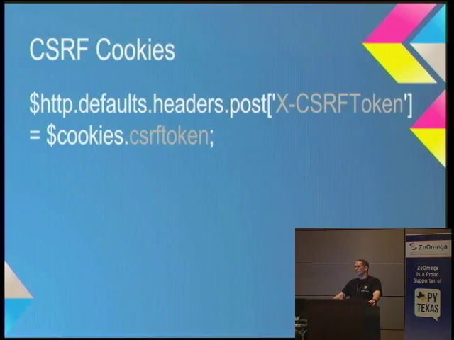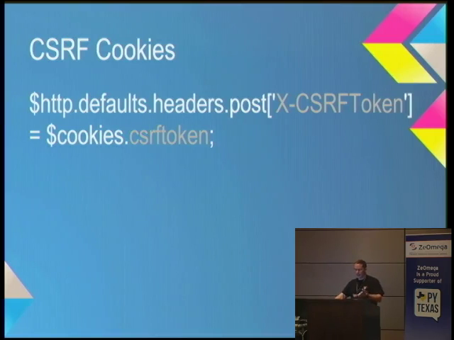Normally with a normal HTML form, you would have an input, and that value would be in that input, and it would just submit it for you. In Angular, you kind of have to set that up. But what you don't have to do is put that in every service call you make. You can just say, this is the default, and always submit this for me whenever you submit a form.